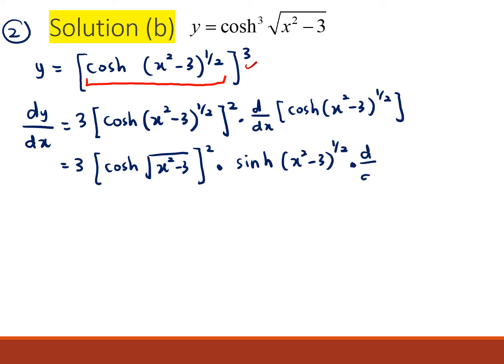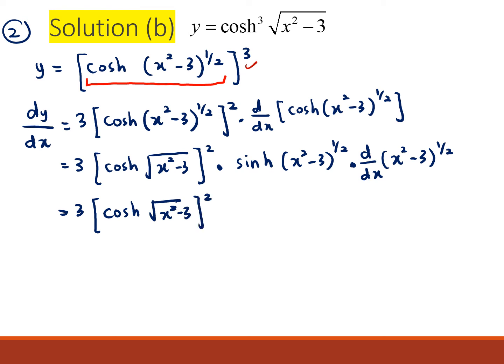Then we have to find the derivative of the inner function, which is x squared minus 3 to the power of half. Okay, the next step, we can rewrite this back.